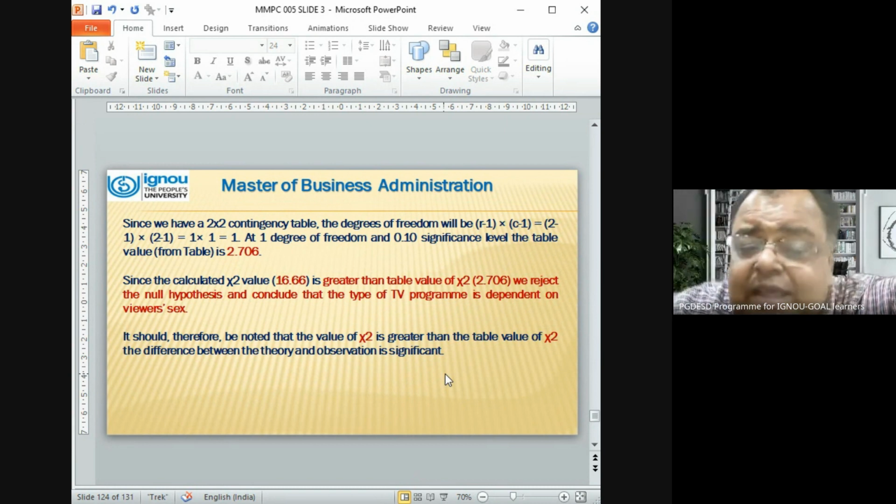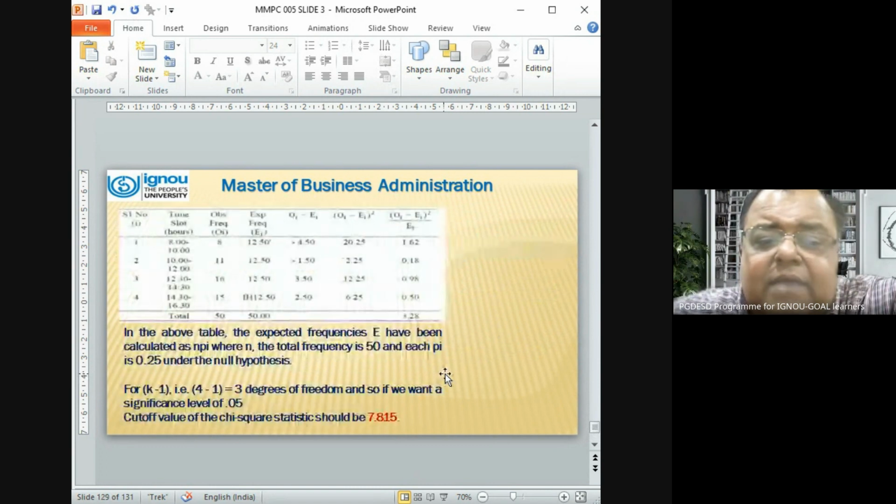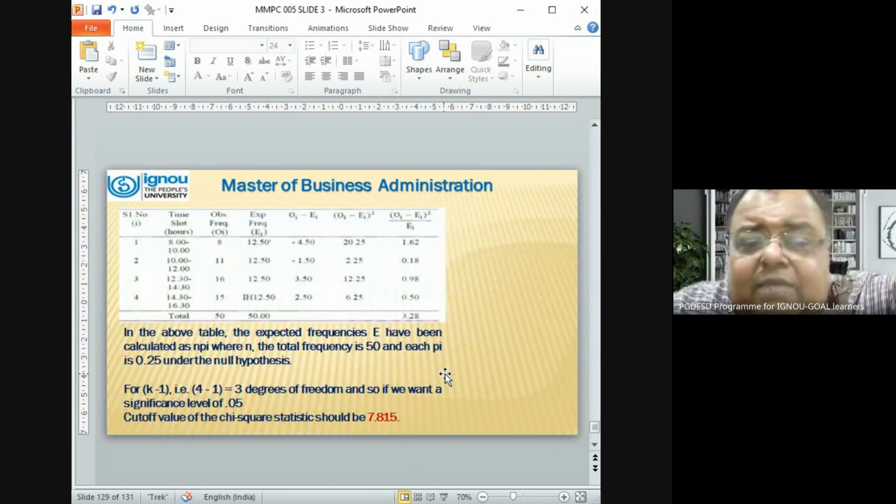So we reject the null hypothesis. And in this problem, what is happening? Your calculated value is 3.28 and your tabular value is 7.815, so you will accept it.